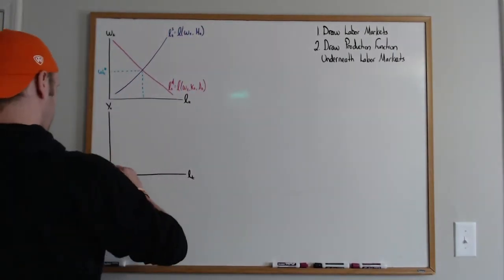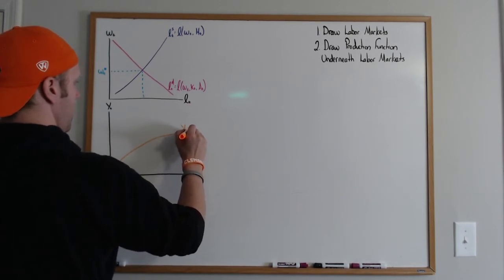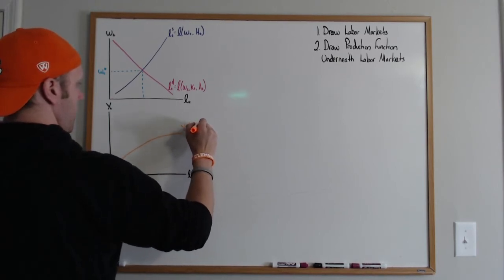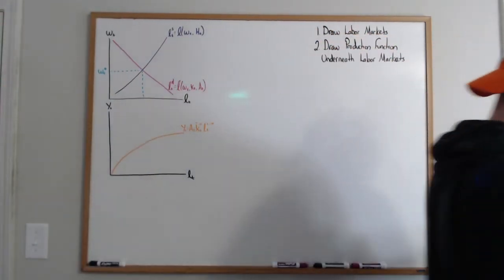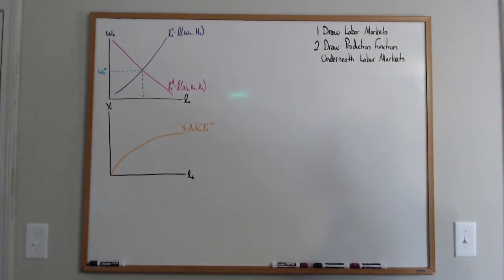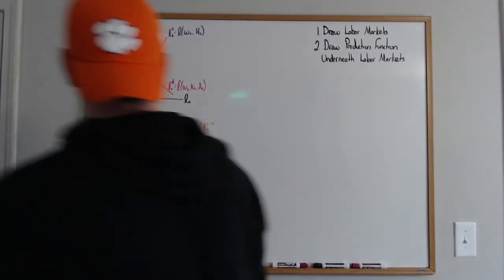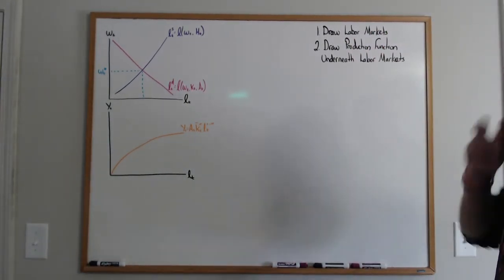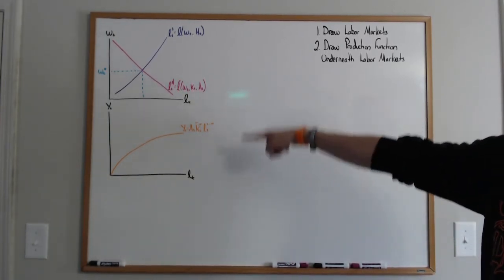So we draw out the production function. Like this. Now, if you want to put a bar over K, you can. If you don't, well, you don't have to. Because I can tell just by looking at this graph of Y and L that we're obviously holding K constant, right? K is being held fixed here. That's L, that's L.